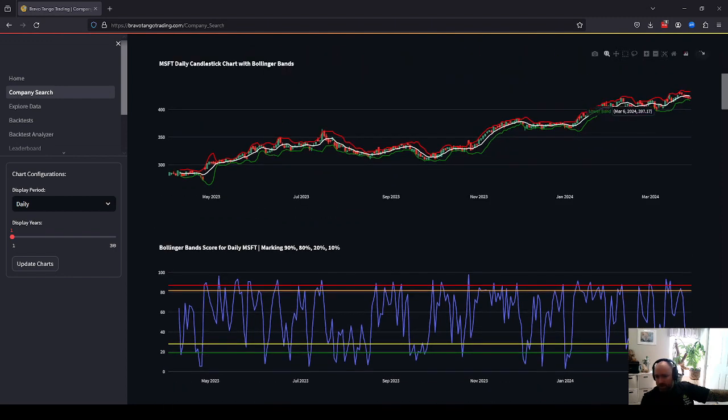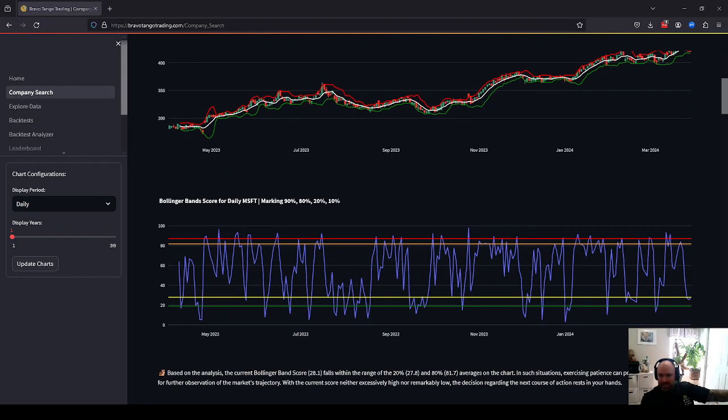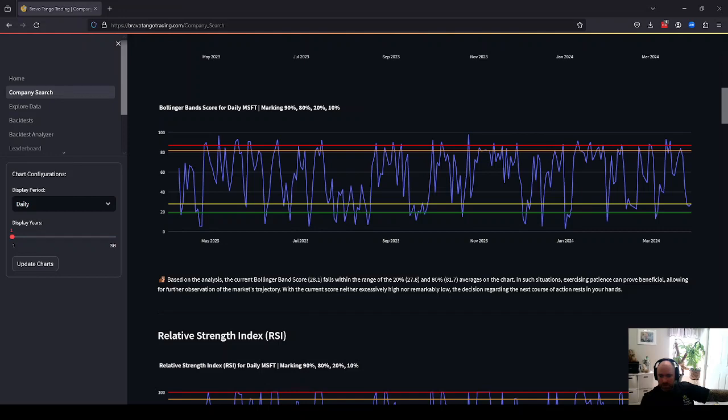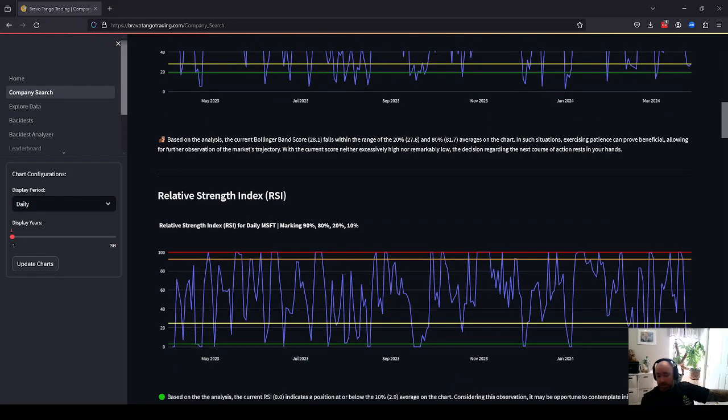If we scroll up and look at the price action, we see the dip. That's where the Bollinger Band score breaks down below 30, below 20. Then price action goes back up closer to the red line, and we see the Bollinger Band score moving back up. We'll see similar movement with the other momentum indicators, but that's Bollinger Band score.